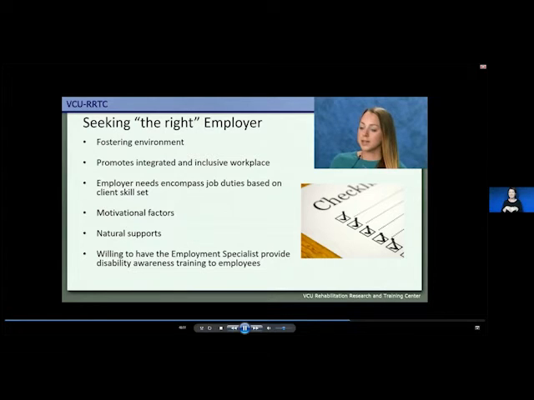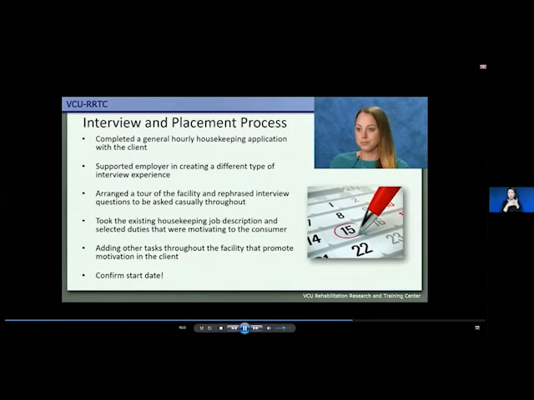What I like to do when I'm meeting with employers is if they have like a team huddle or a team meeting, staff meetings that they do on a weekly basis, working with that employer to really set the whole team up for success, and then in the end promote the independence of that client by just having that time to really come together and collaborate with the business of what is working and where there could be room for improvement.